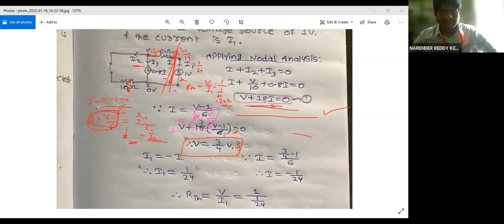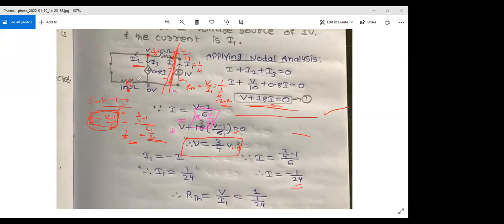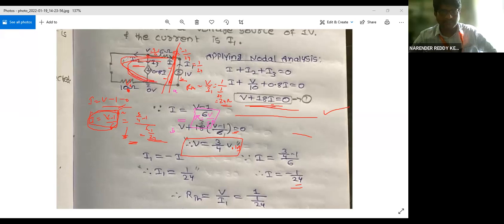Now you got the value of RTH as 24, right? So it is greater than 10 plus 6 here. Sometimes you may even get less than 16 as well. Why? Now these two are connected in series, so the resultant is more than 16, right?